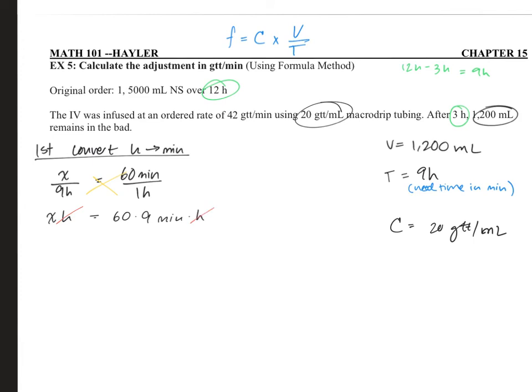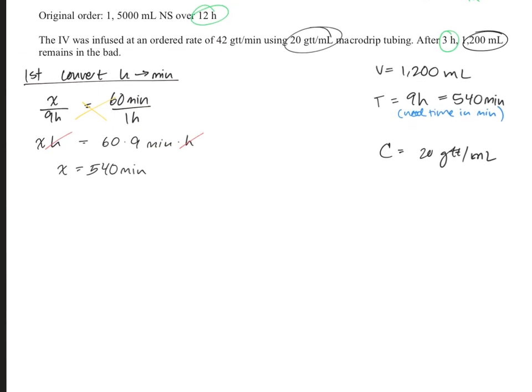We are left with x equals 540 minutes. Now it is in the correct unit. Okay, so everything we need is in the right units. Let's go ahead and work on the next step.